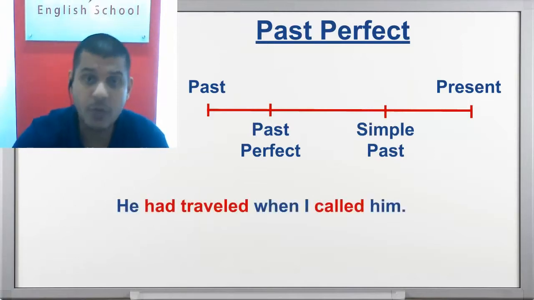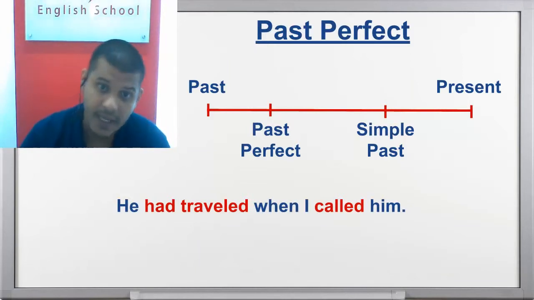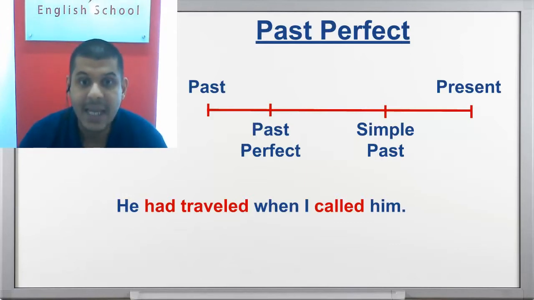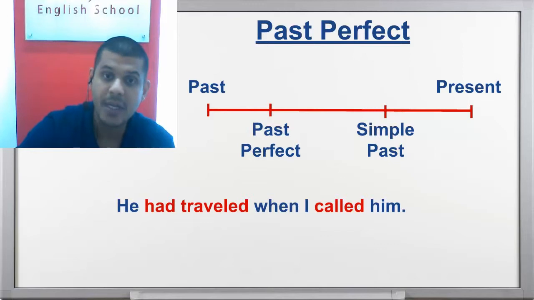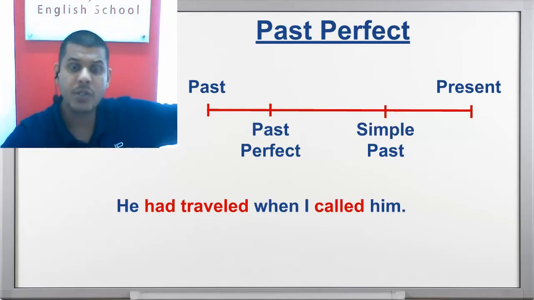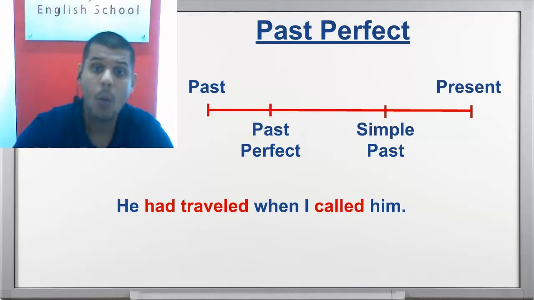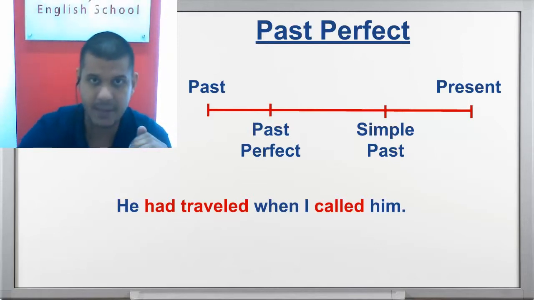He had traveled when I called him. So question is, what happened first? He traveled or I called him? If you analyze, I am using had traveled, which indicates the past perfect. So had traveled is the most distant activity or the most distant moment in time, while I called him is a more recent past, okay?